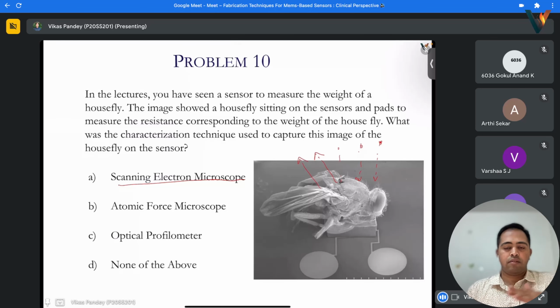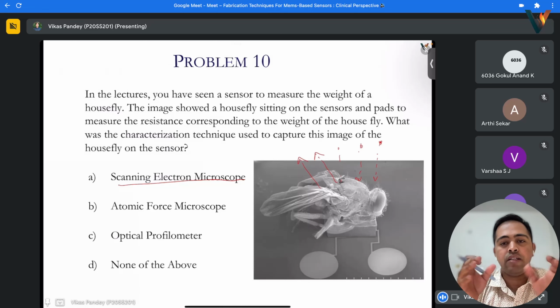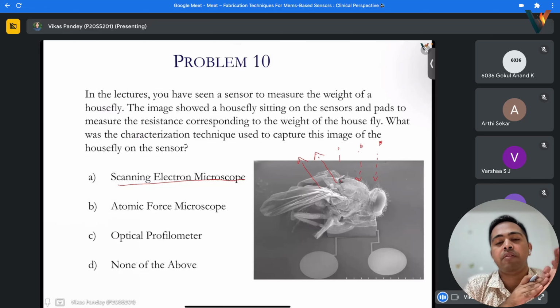Just like light, it goes there, it reflects back, and then an image is formed. But since with electrons we cannot see colors, there will be intensities, like how dark it is or how light it is, and these structures will be reflected. That is the basic way a scanning electron microscope works.